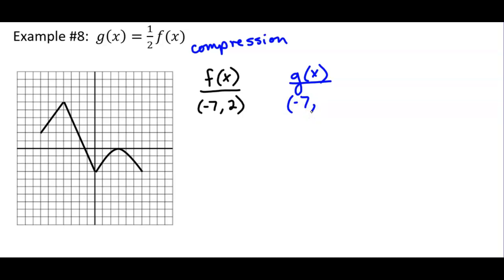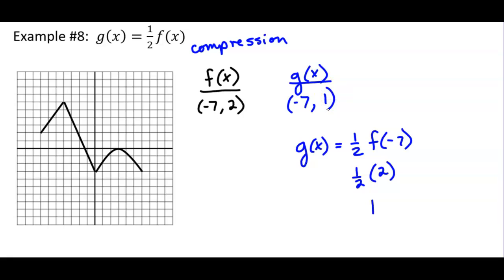But then you would have g of x equals 1/2 of f of -7. Well, f of -7, we know that's 2. So now we're getting 1/2 of 2, which is 1. So that's going to be the point -7, 1. So instead of going up to 2, our output got cut in half.